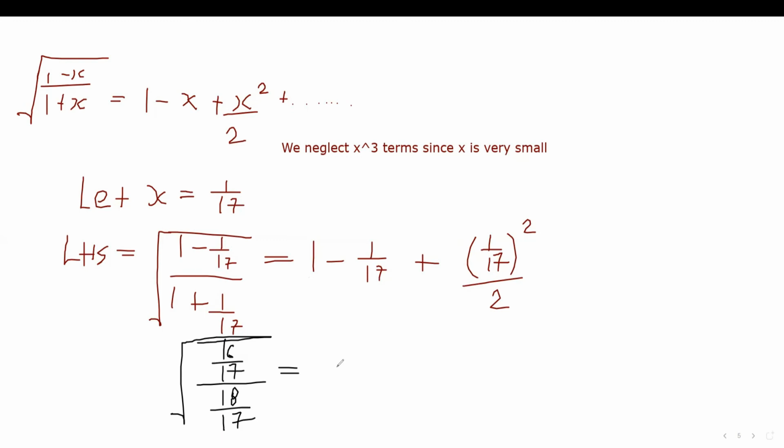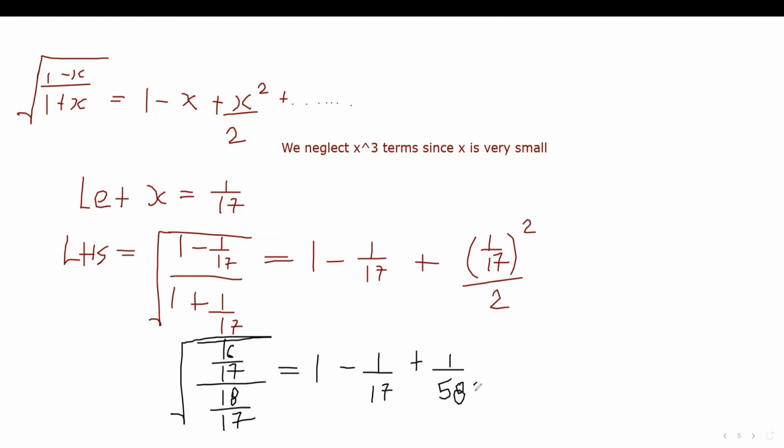Let's expand out this side now. We have 1 minus 1 over 17. And then 1 over 17 squared. 17 squared is 289, and 2 times 289 is 588. So that is just plus 1 over 588. Sharp, don't it, Marika?